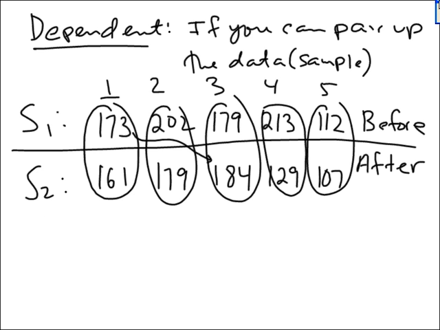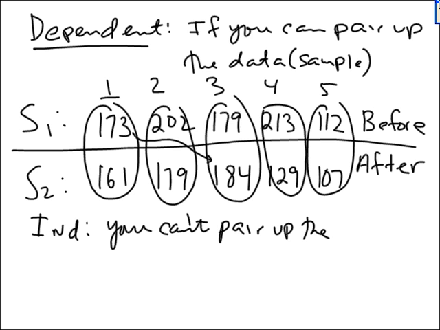Now, independent is when you can't pair them up in a sensible way. You can't pair up the two samples. Suppose in this first example, the diet was diet pills. Okay, just diet pills.